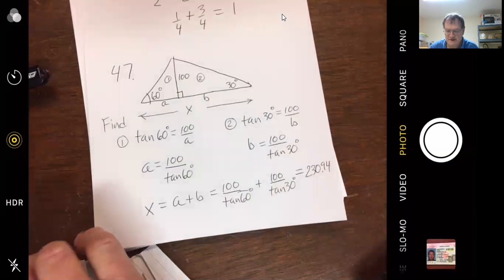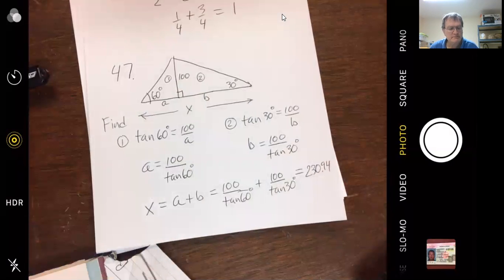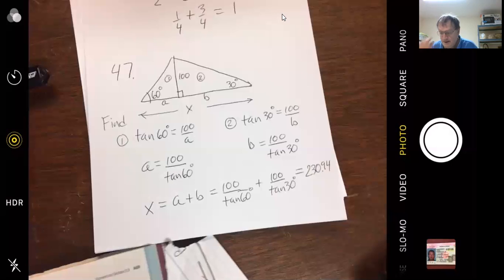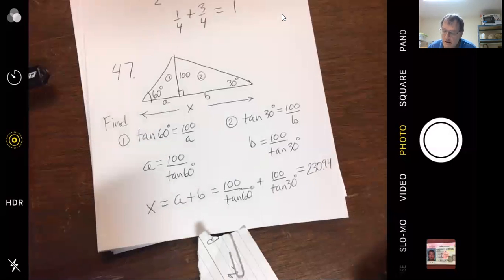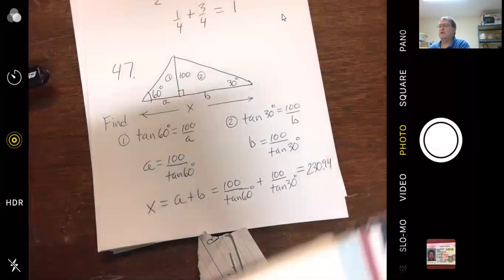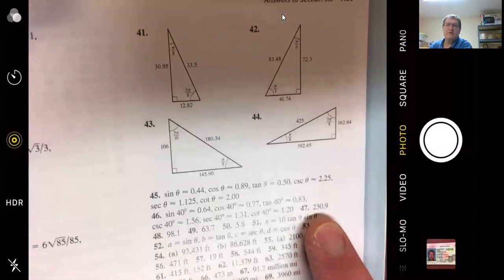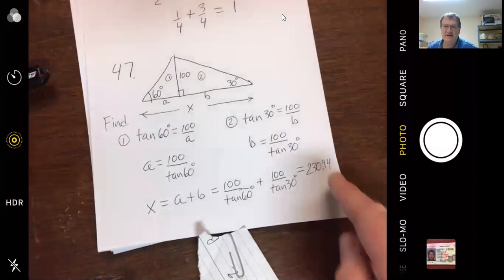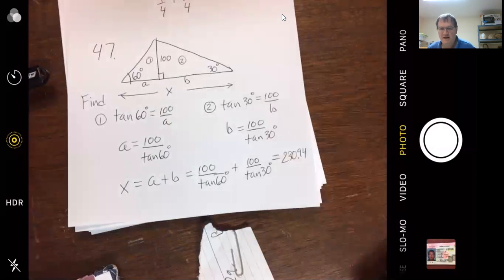Number 47. 230.9. Oh, they said round to one place. That's right, 230.9 right there. They said round to one place. Like I say, I won't do a true or false answer based on this. We'll make it more obvious than that.